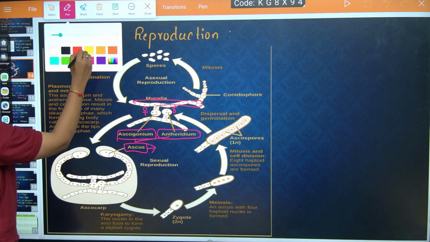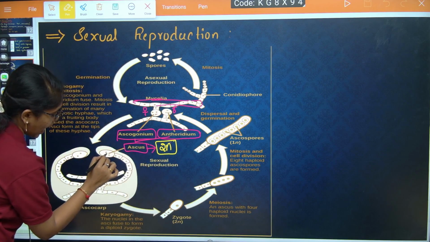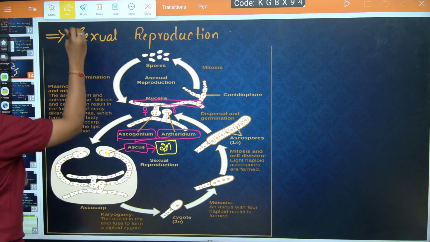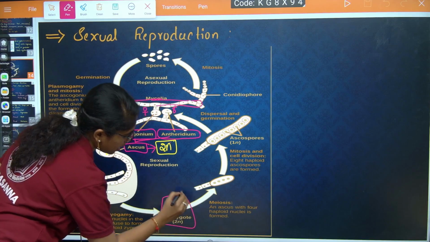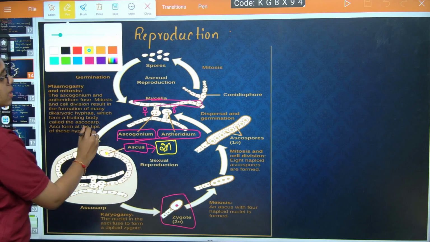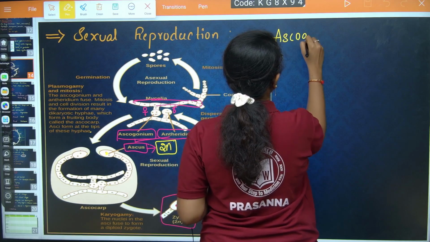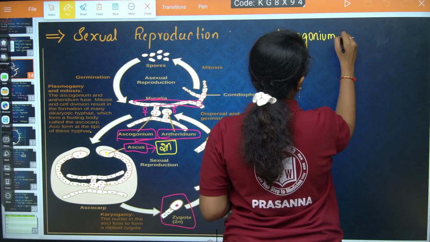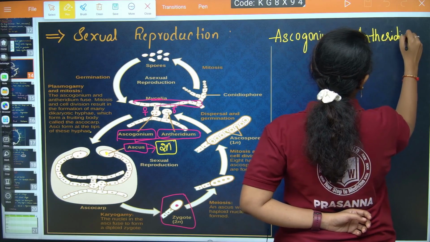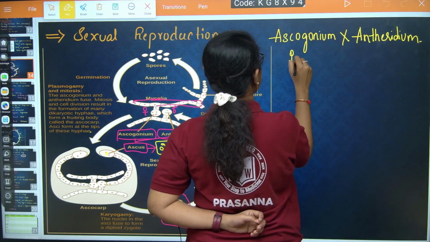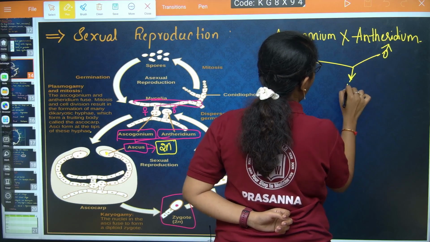The ascus is diploid. Inside this ascus you have the zygote, which is diploid. By the fusion of ascogonium, the female gamete, and antheridium, the male gamete, they form the ascus.